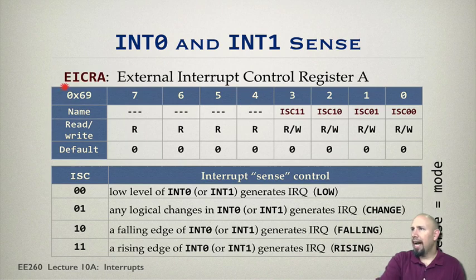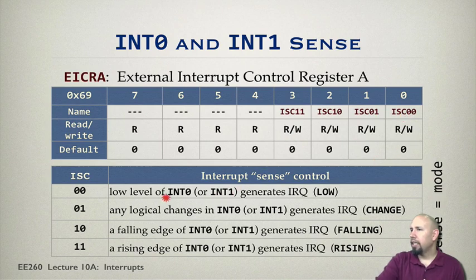The first one is the EICRA, External Interrupt Control Register A. You can guess that there are probably other registers associated with this. Anyway, we have these 4 bits that are part of this register: ISC11, ISC10, ISC01, ISC00.